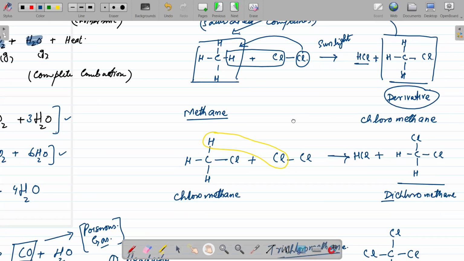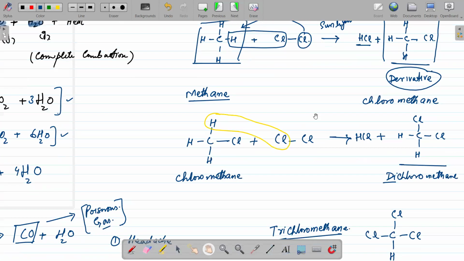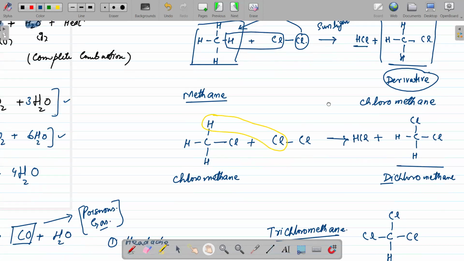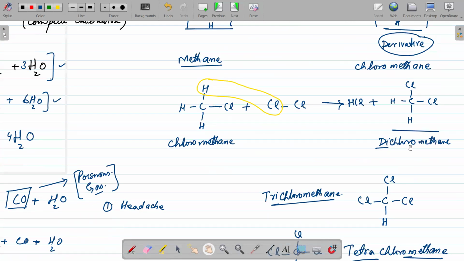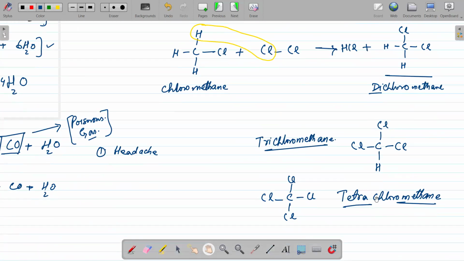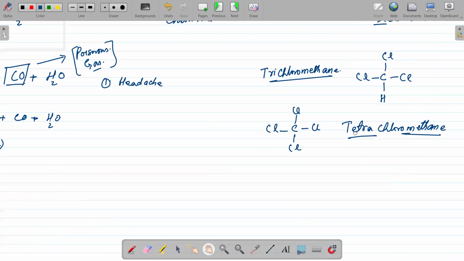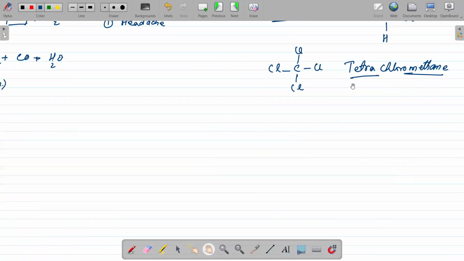This reaction is a chain reaction and it will end when all the hydrogen atoms are substituted by chlorine or halogen atoms. And remember, it gives us a mixture of compounds like chloromethane, dichloromethane, similarly tetrachloromethane.